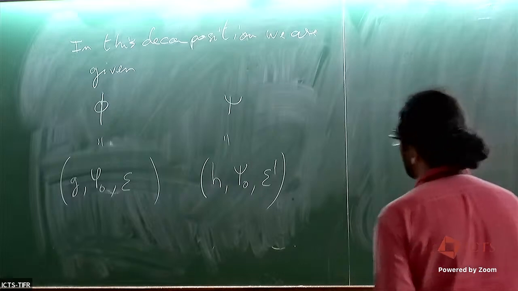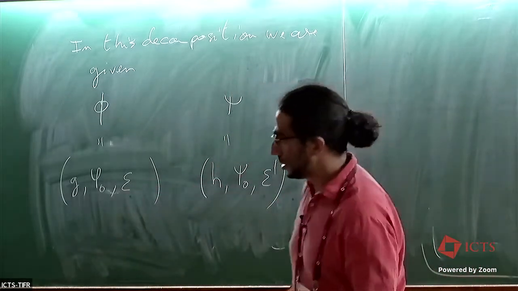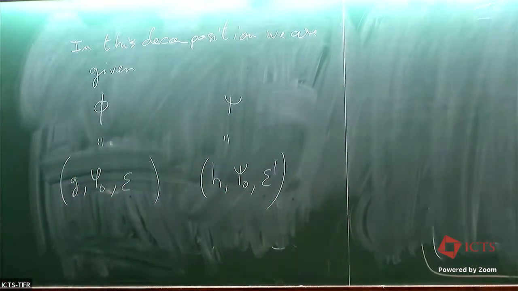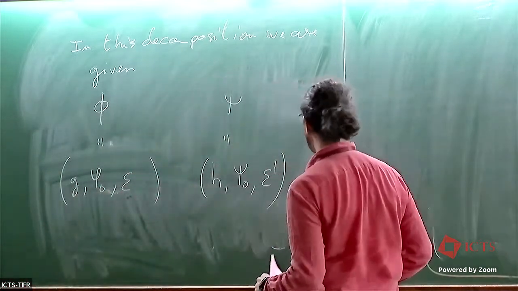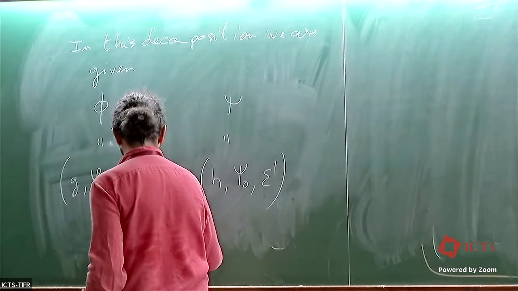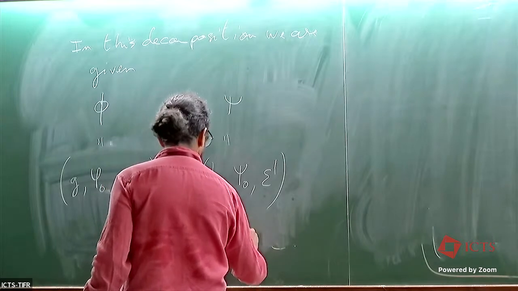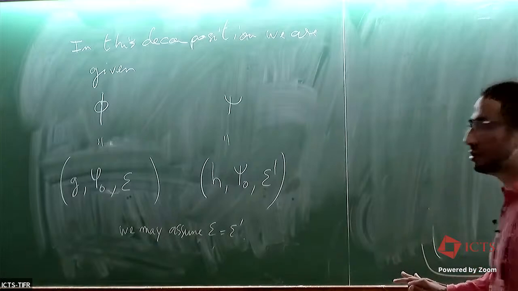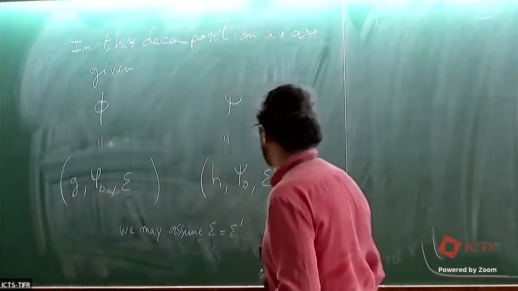And well, first things first, we can assume that in the rightmost quotient, they are equal. We can assume that epsilon, epsilon prime are equal. And in the rest, I will take epsilon and epsilon prime equal to 1, because otherwise it messes up all the computation.